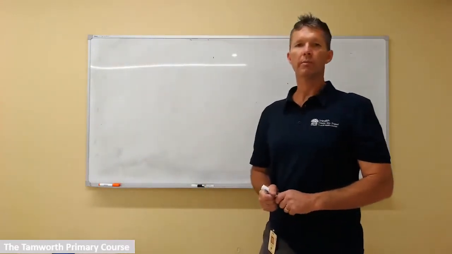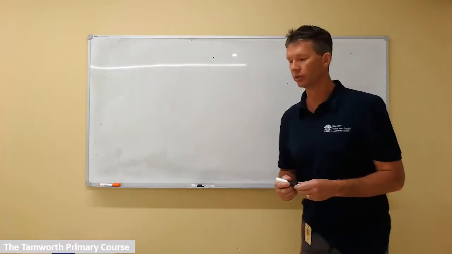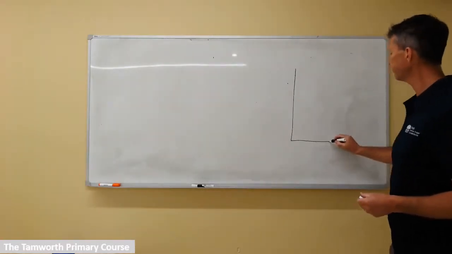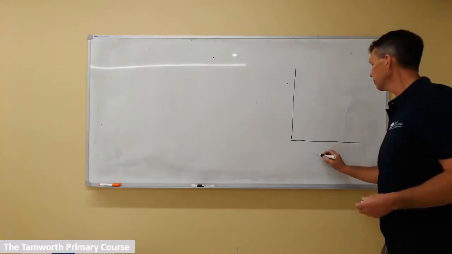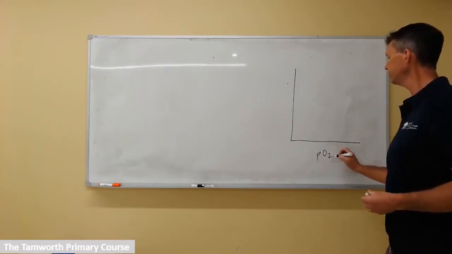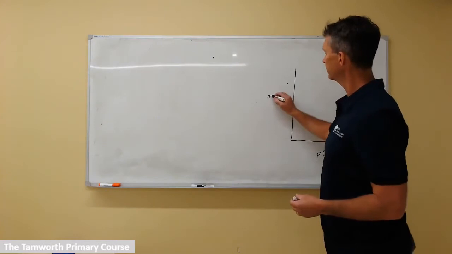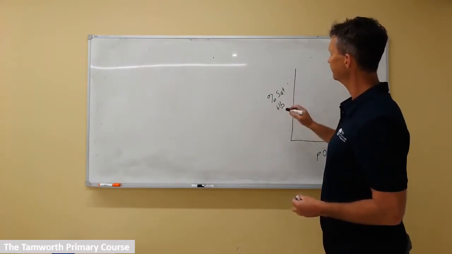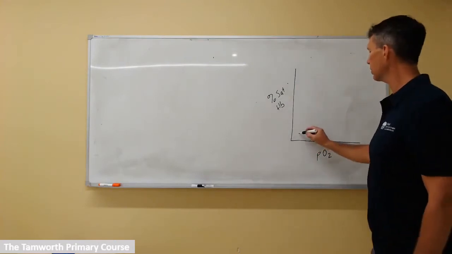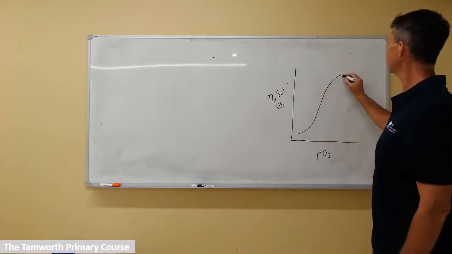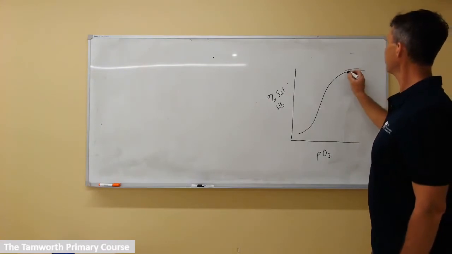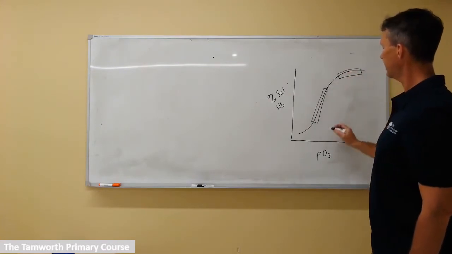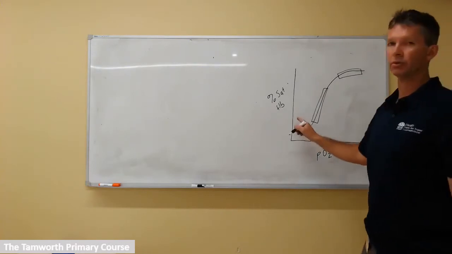So what we're talking about with the oxygen hemoglobin dissociation curve, eventually we'll get to this diagram, which relates PO2 to saturation of hemoglobin. It's a curve that has a particular shape, with a flat portion and a steep portion, and some particular numbers that we'll go through.